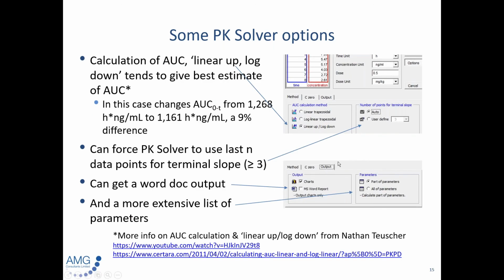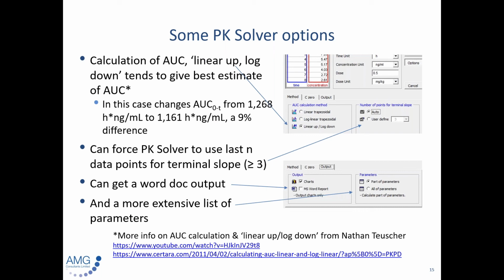Just a little bit more about some of the options that you can use within the add-in. In terms of calculation of AUC, I hinted at this earlier, it's usually done with the trapezoidal method, and you can do that with linear or log linear.